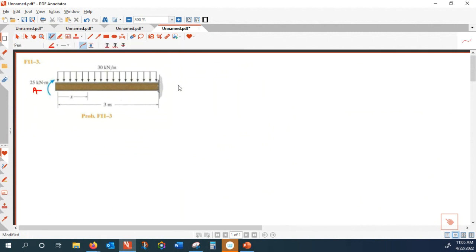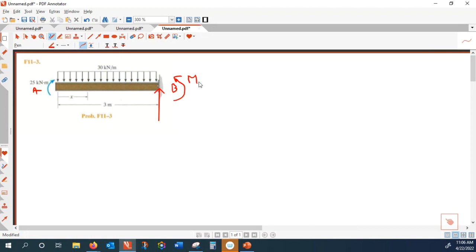That is point A, this is point B. And in terms of the reaction, well, there will be one vertical reaction here, and then we're not sure whether the reaction here is clockwise or counterclockwise.